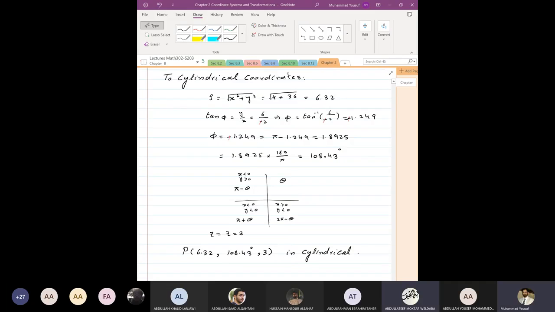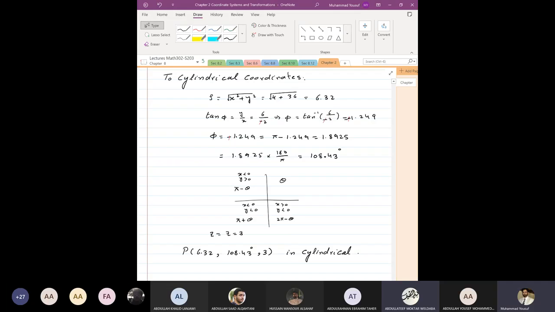Doctor? Yeah. For the calculation of phi here, how can we calculate it without a calculator? Without a calculator, I think this is not possible.